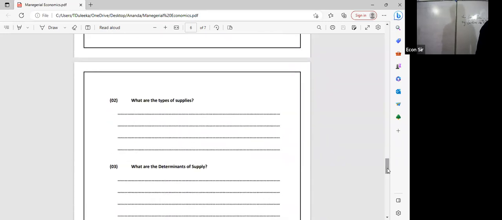What are the types of supplies? Like types of demand, there are two types of supplies. One is individual supply and the other is market supply.